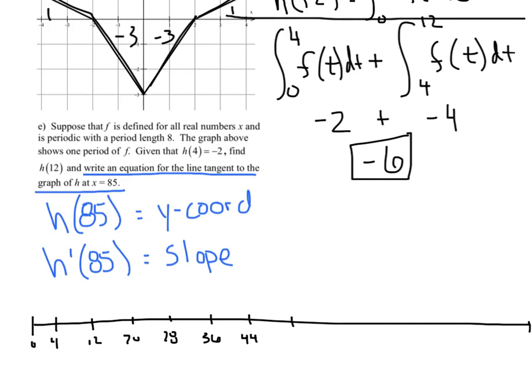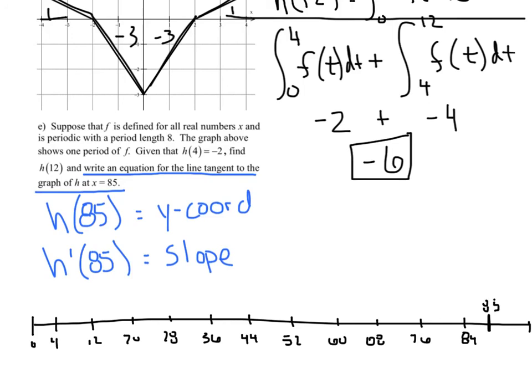From 44 to 52 is another cycle, from 52 to 60, from 60 to 68, from 68 to 76, and from 76 to 84. Those are all complete cycles. And then from 84 to 85, we're going to see basically what's equivalent to negative 4 to negative 3. A little dab hanging at the end.